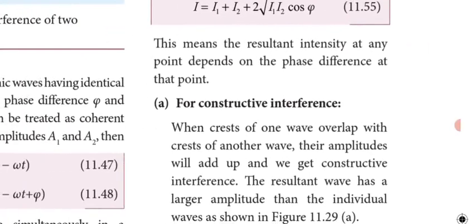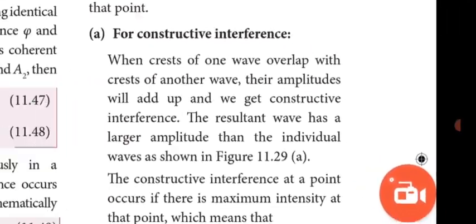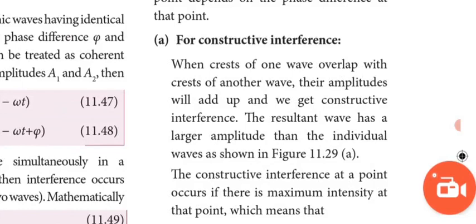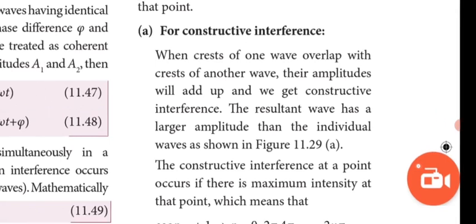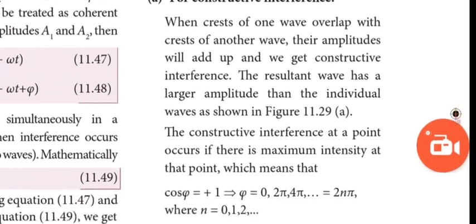For constructive interference, the crest of one wave overlaps with the crest of another wave, their amplitudes add up, and we get constructive interference. The resultant wave has a larger amplitude than the individual waves.